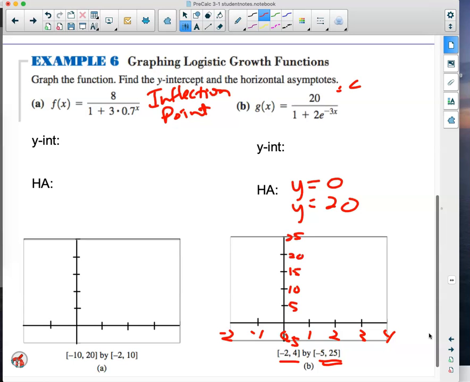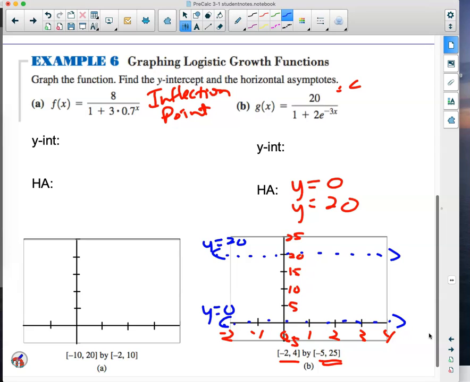And before we find any points that are on this graph, we should put those asymptotes on. That's really important. With any of the graphing that we're doing, the asymptotes are really important, but especially with these. So there's our y equals 0 and our y equals 20.